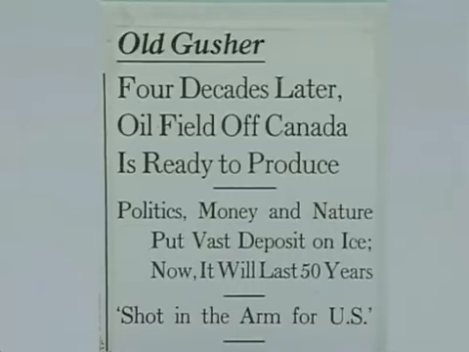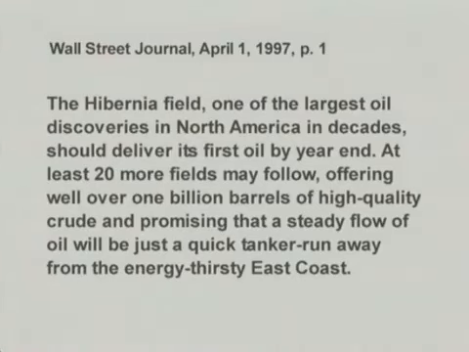On the front page of the Wall Street Journal in 1997, we read about the new Hibernia oil field off the south coast of Newfoundland. Please note this one line in the headline: now it will last 50 years. Let's go to that story and read about the Hibernia field. It's one of the largest oil discoveries in North America in decades. It should deliver its first oil by the end of the year.